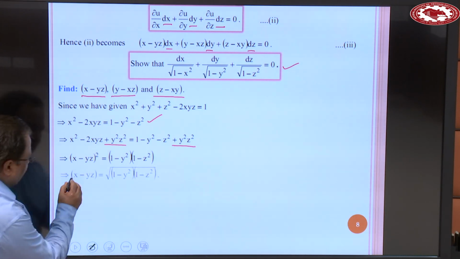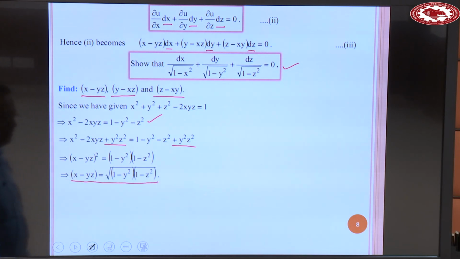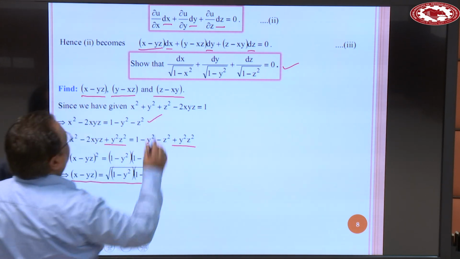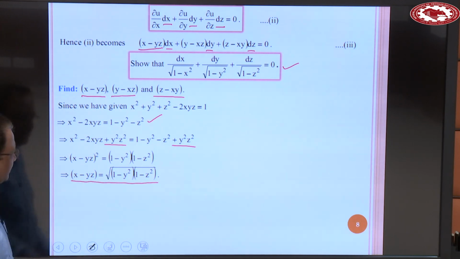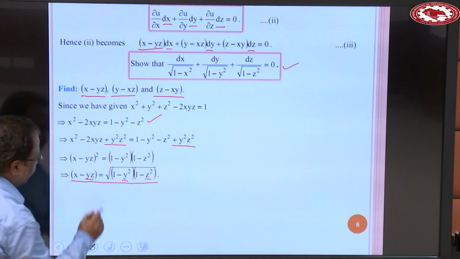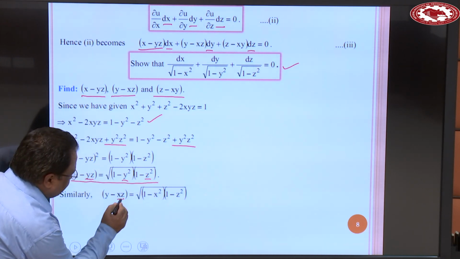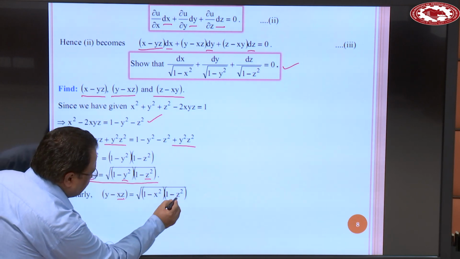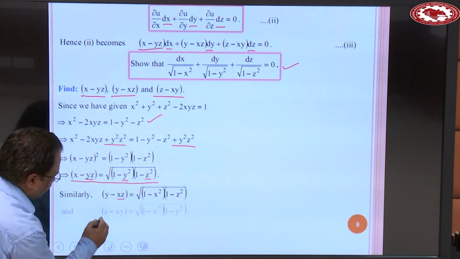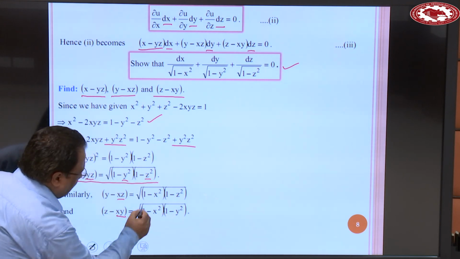This means x − yz is equal to √((1 − y²)(1 − z²)). Similarly, y − xz is √((1 − x²)(1 − z²)). Similarly, z − xy is √((1 − x²)(1 − y²)).